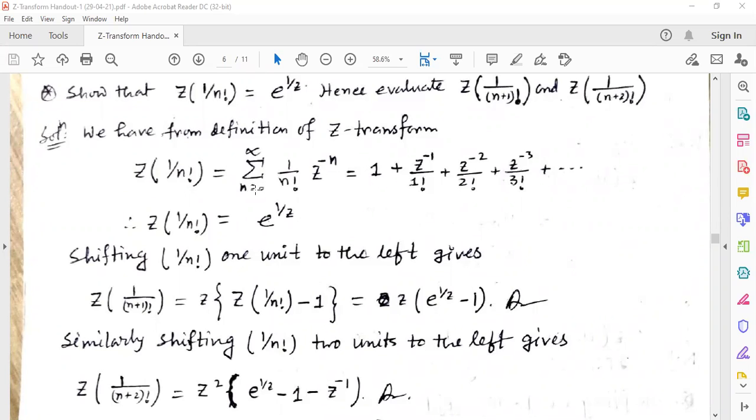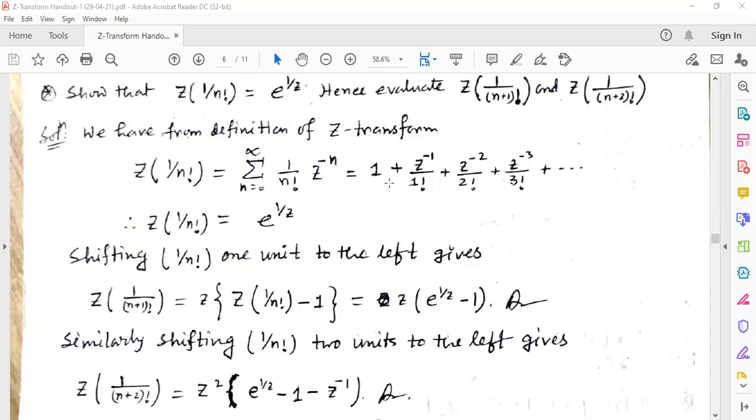When we put n equal to 1, it is 1 by factorial 1 into z to the power minus 1. If we put n equal to 2, then 1 by factorial 2 z to the power minus 2. Putting n equal to 3, we get z to the power minus 3 by factorial 3 plus dot dot dot.